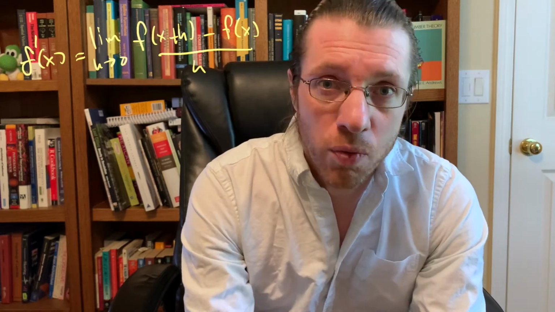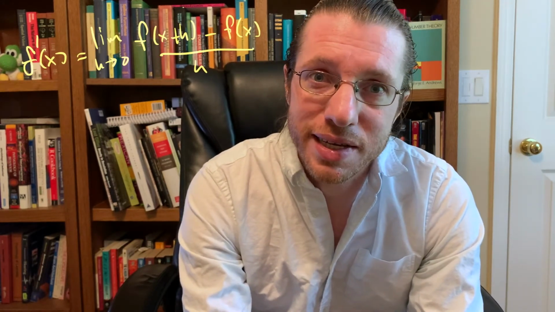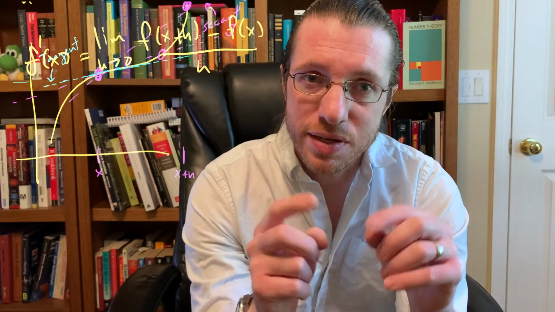And as h goes to 0, if that limit exists, we say the function f is differentiable. So we can use that as a 101 version of how to take a derivative numerically. We take two different points, take their difference, and divide by h, and basically get the slope of the secant line. Then we know that if we take h to be very small, that secant line should be roughly the same as the tangent line at the same point.